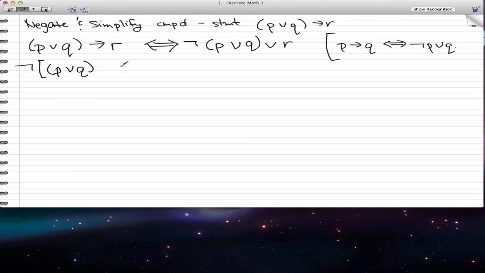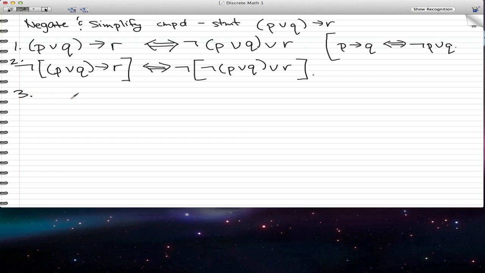So far so good. We simplified the statement to some extent, but not fully, and then we negated it. So that's the first step, and this is the second step.